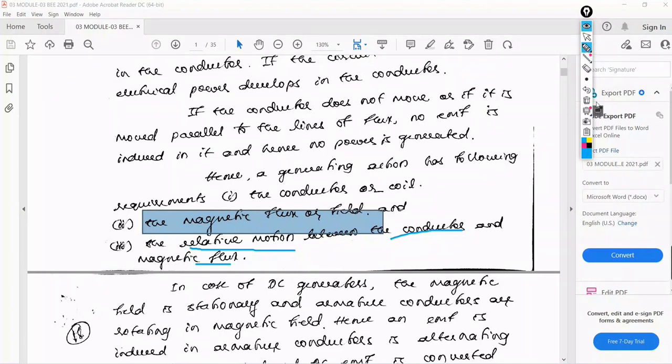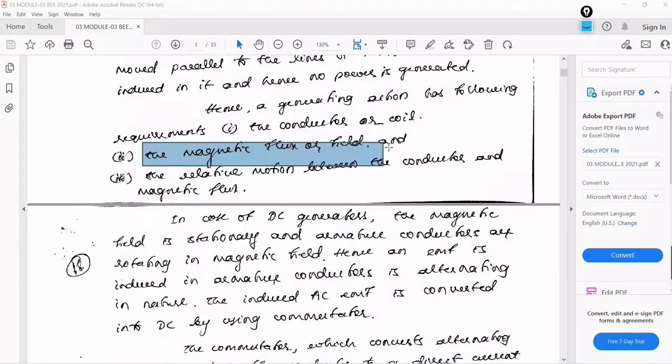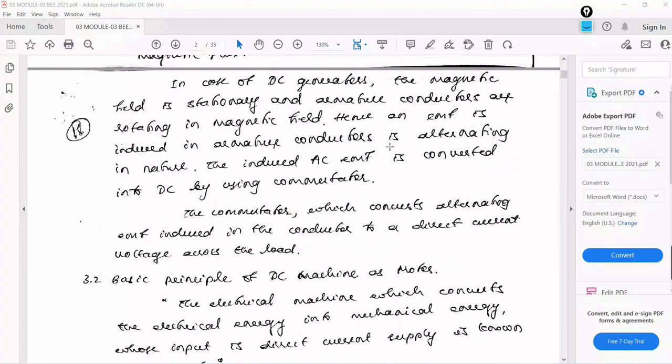There is a possibility that stationary flux will cause EMF to be induced in the conductor if the conductor is rotating. If the conductor is stationary and the flux is rotating, then we also get the change in EMF. But the EMF induced in the generator is alternating in nature, which is converted into DC by the use of a commutator.